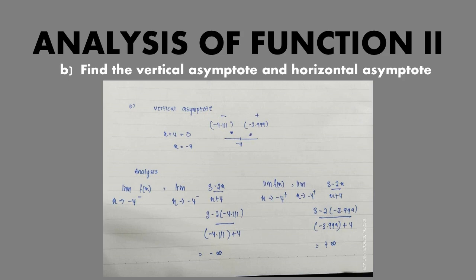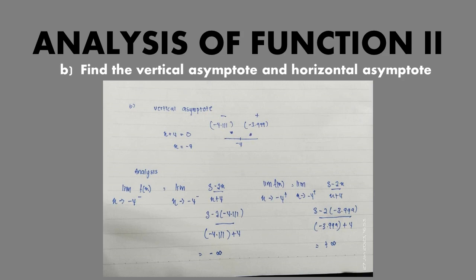Next, the analysis of the vertical asymptote. We must find the behaviour by approaching the value from the left and right hand side. Firstly, for the limit of the function as x approaches −4 from the left, we substitute x with −4.111, and then we get negative infinity.